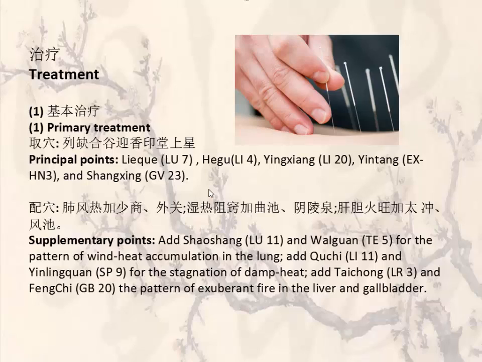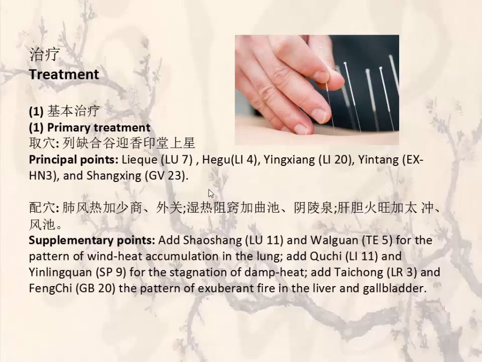We can also use DU23 and 24, which work similarly for affecting this region, right? If you look up the point, one of the functions of the points is to clear the sensory orifices, meaning the eyes and nose mostly. We don't use it for the ears, but when we put a needle in here, the effect of it goes right down through the face. Yeah. The direction, yeah, go down.